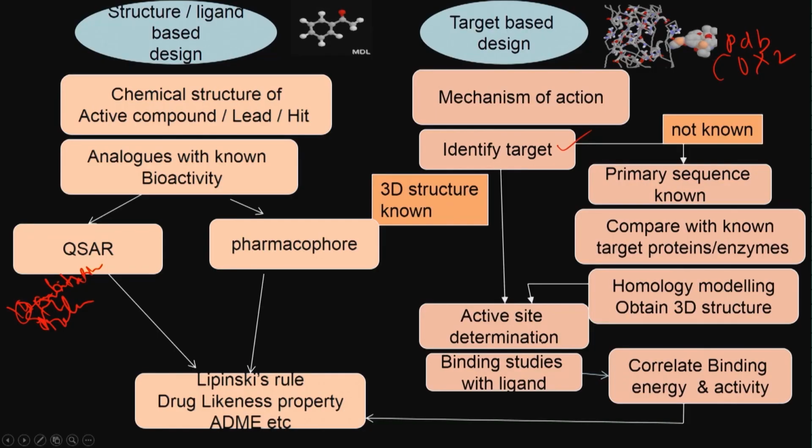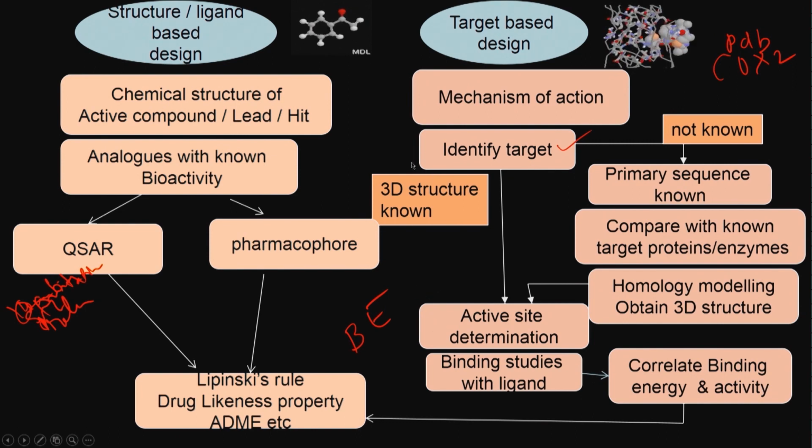Imagine if the active site is known, what I do is I bind the ligand to this particular protein, and I see what is the binding energy, okay, that is called the binding energy, BE. So based on the binding energy I will say the interaction is very good or the interaction is very poor, okay.